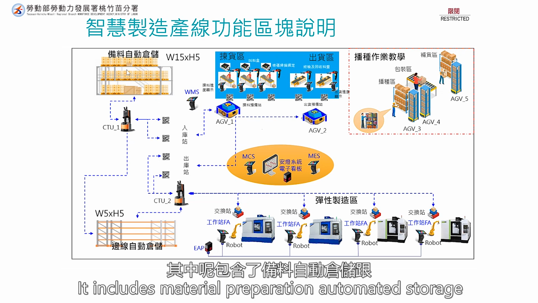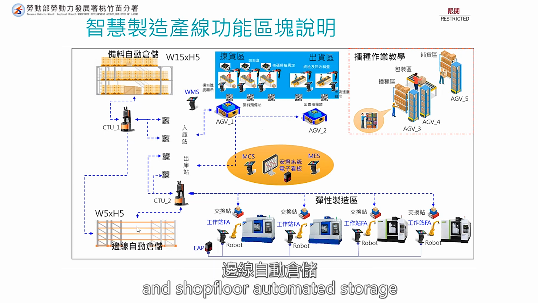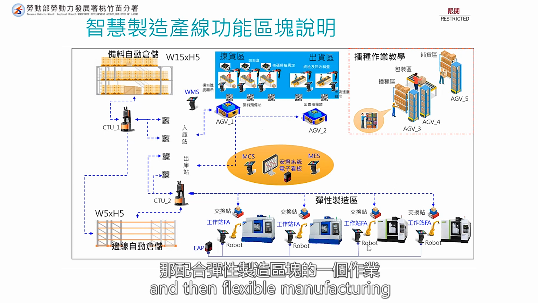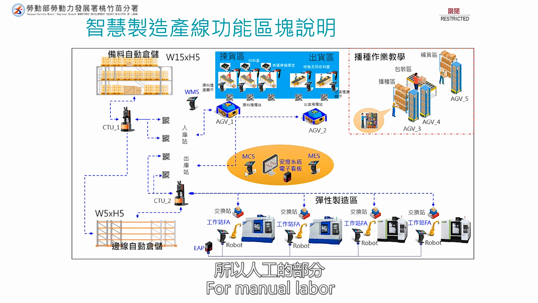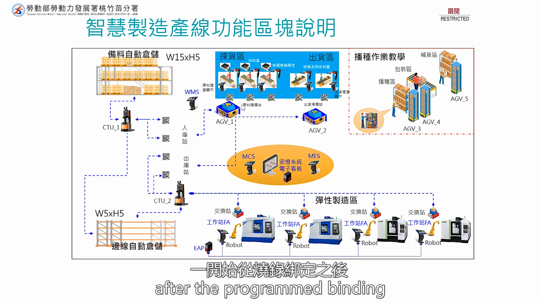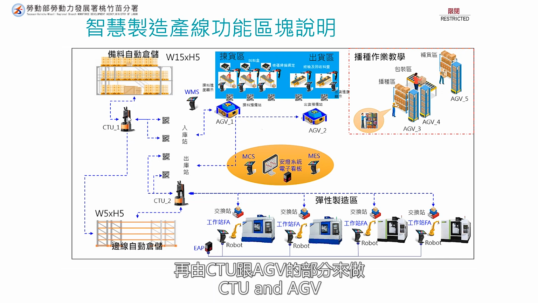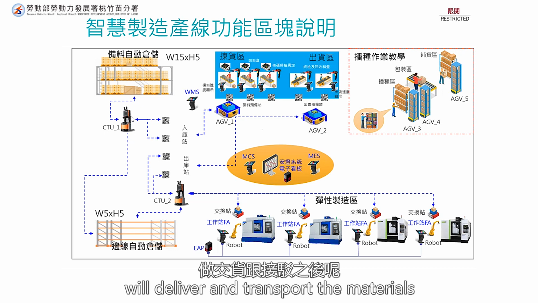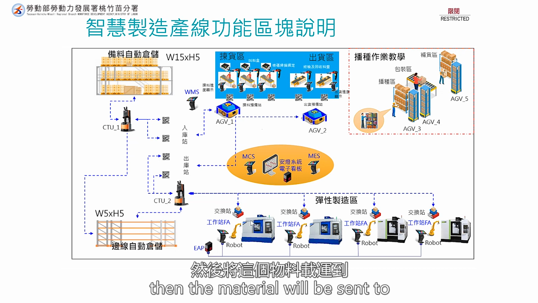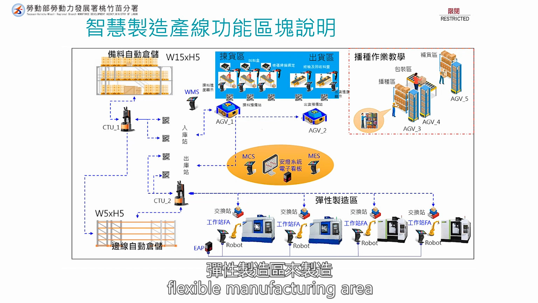It includes material preparation and automated storage, shop floor automated storage, and then flexible manufacturing. For manual labor, after the programming binding, the material prepared for warehousing, CTU and AGV will deliver and transport the materials. Then the material will be sent to the flexible manufacturing area for production.